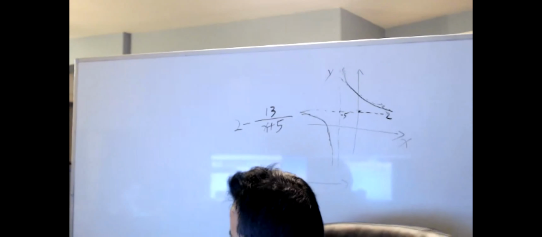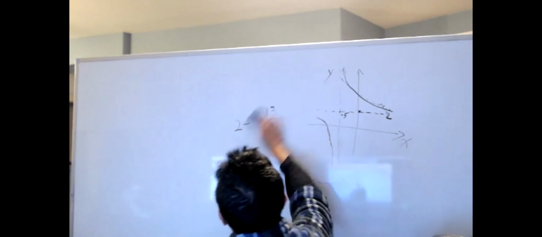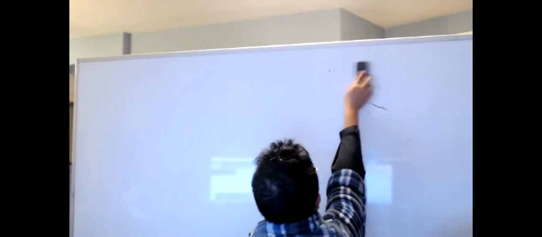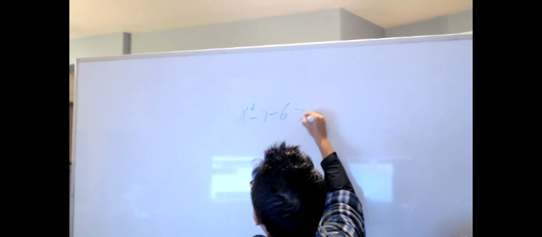Okay, I just want to give you guys a refresher on this. So x squared minus x minus 6 is greater than or equal to 0. How do we solve this? We can factor it as x minus 3 times x plus 2. Why?